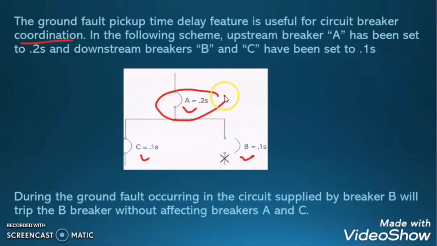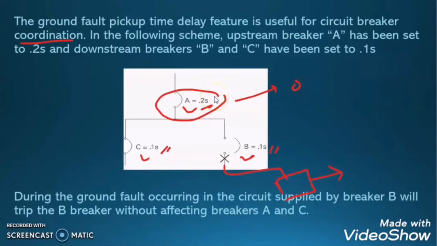We set the ground fault time setting as 0.02 second, and for the outgoing feeders we set the ground fault time delay setting as 0.1 second for B and C. Suppose there is a ground fault in the circuit which is fed by B, then it will trip the B circuit because its time delay is shorter, and once it trips there will be no ground fault because this part will be disconnected from circuit A.